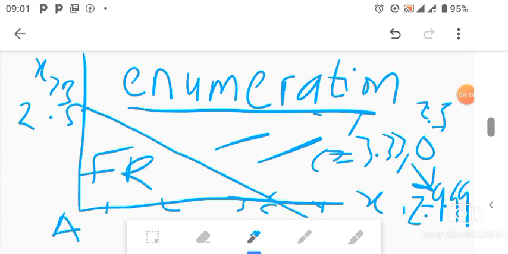So enumeration takes coordinates that are within the region. Let me be explaining as well as moving. Coordinates that are within the feasible region, not outside. If you look along this x2 line, which is the y-axis, the highest number is 2.5, which belongs to the feasible region.